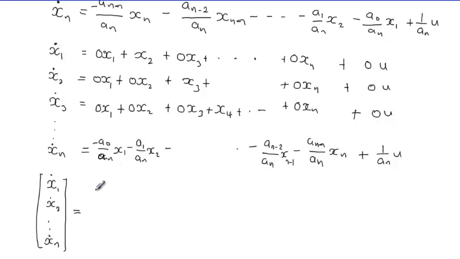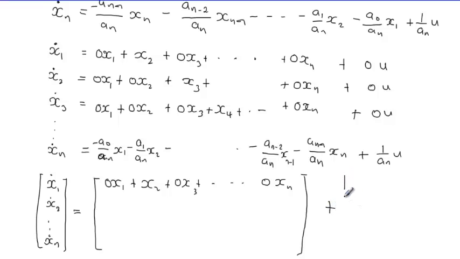Again as a similar column matrix, the first entry is the sum 0x1 plus x2 plus 0x3 plus dash up to 0xn, and you close there and then say plus another column, which is 0u and 0u dash dash up to 1 over an u.